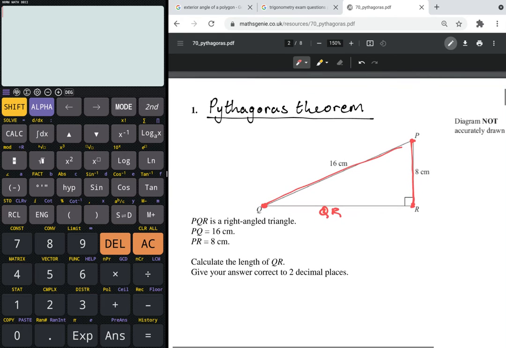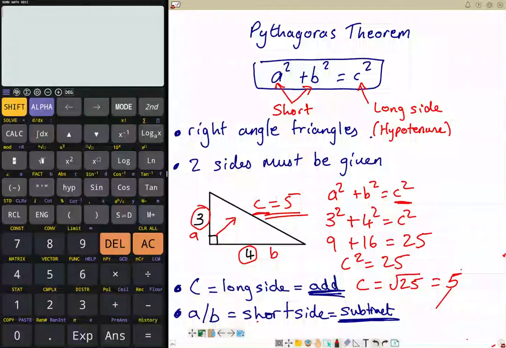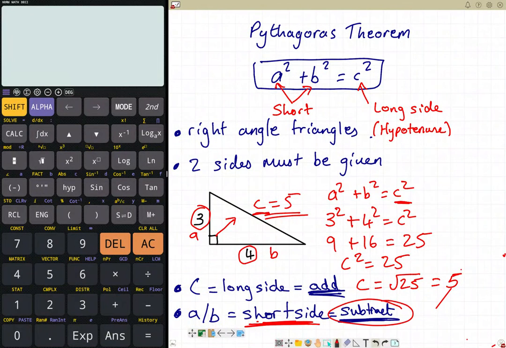As you can see, first thing I do, label my sides, find out where the long side is. It's always opposite the right angle, so this is my long side. I'm trying to work out a short side, which is QR. So going back, if you're trying to work out a short side, subtract.